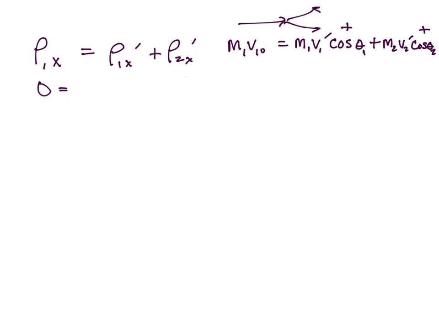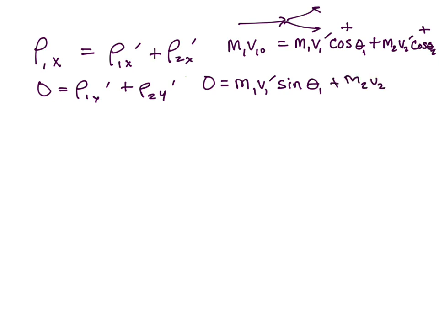So we've got momentum of object 1 in the y direction finally, plus momentum of object 2 in the y direction finally. Now, how do I handle momentum in the y direction? Well, that's going to be m1 v1 final sine of angle 1 plus m2 v2 final sine of angle 2.